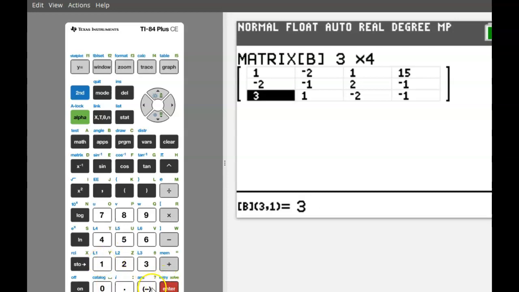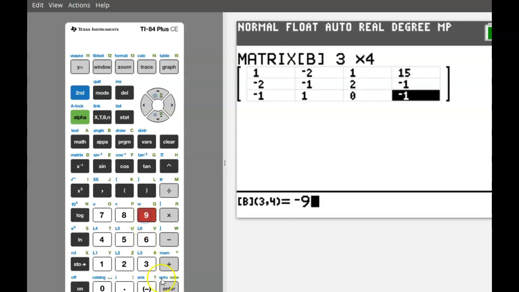Proofread yourself. -9? Yeah. Okay, if I did it right, now I'm going to quit.